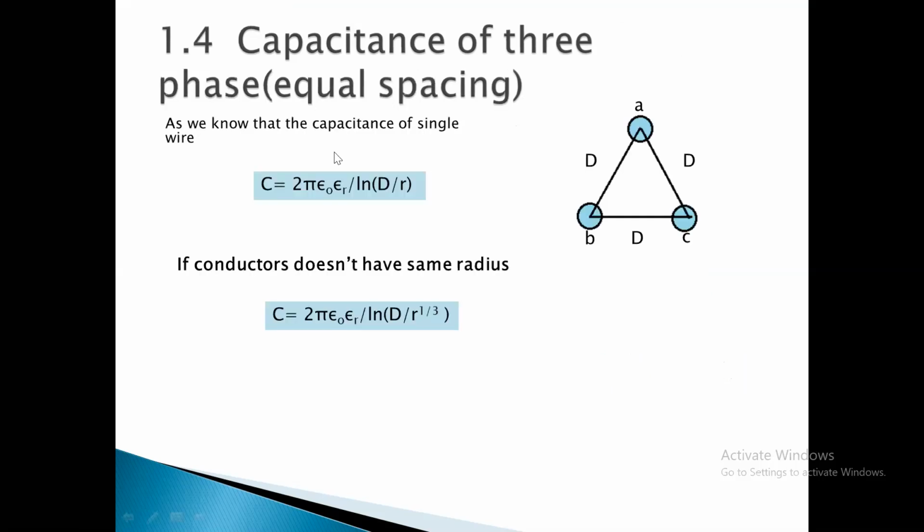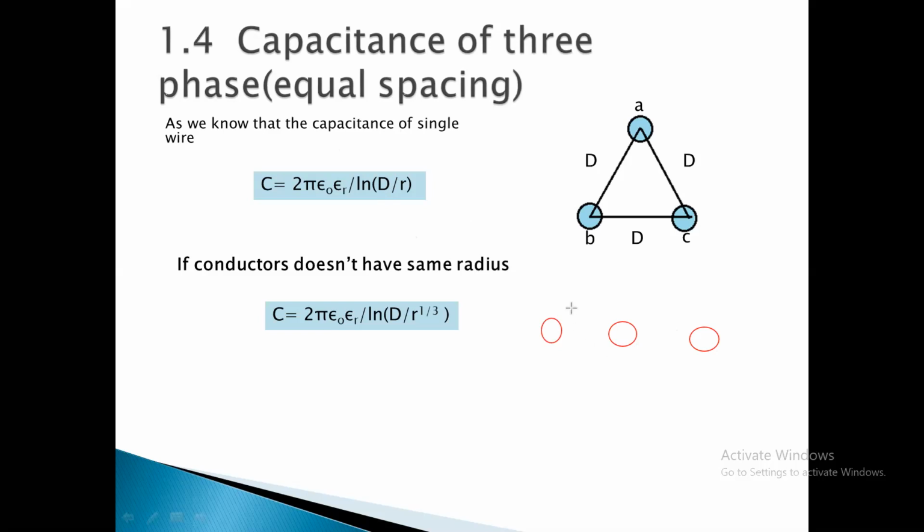Okay, I am explaining here that, for example, I have one conductor over here, one conductor over here, one conductor over here. This is also three phase. But what is happening here?